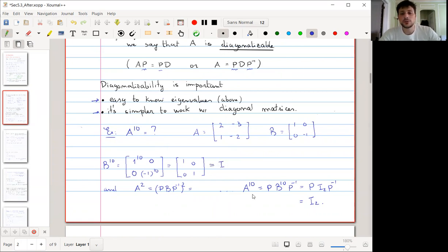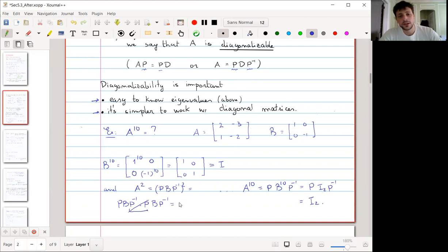And then if I were to compute A to the 10th, I can exploit the similarity. For example, for A squared, I would get something like this. A squared is PBP inverse squared, which is nothing but PBP inverse times PBP inverse. But now I have a P times P inverse in here, which is a copy of the identity.